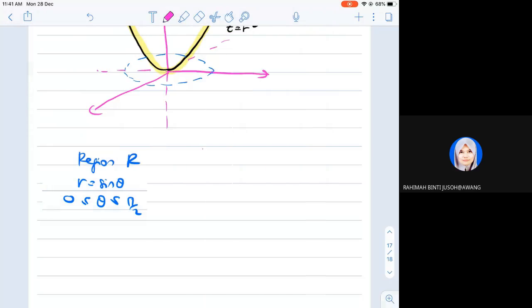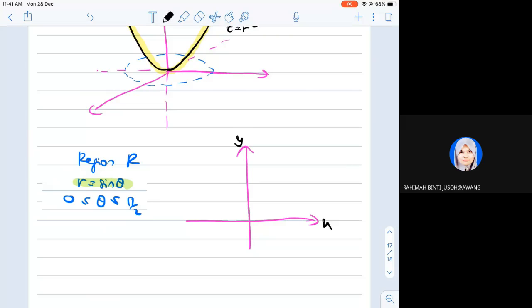Dia sebenarnya bukan complete sphere pun. Okay. It's not a complete sphere. X, Y. Okay. R equals to sin theta ni dekat paksi apa?